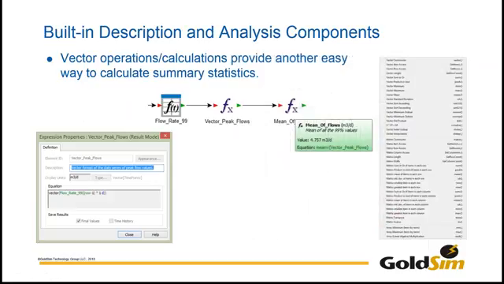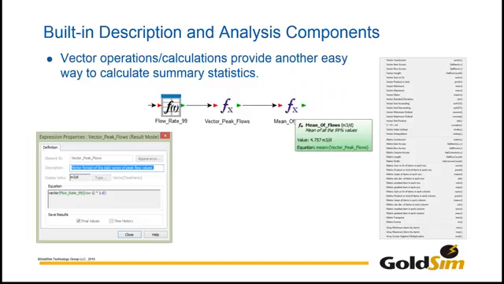Another built-in functionality in GoldSim that's very helpful in terms of time series analysis is the vector operations and calculations that you have access to. They generally would come into the equation when you're working in the equation or input dialog in a function.